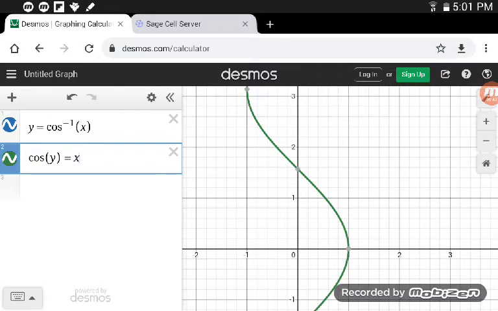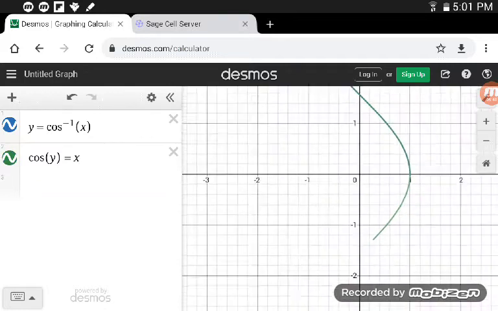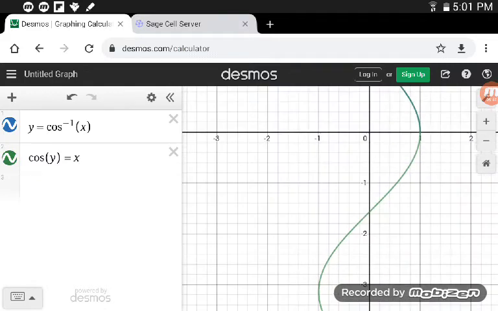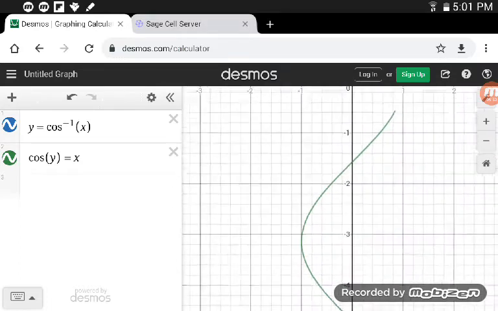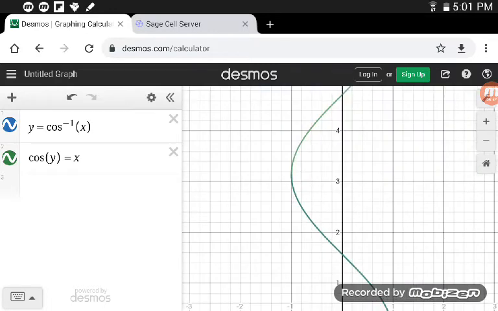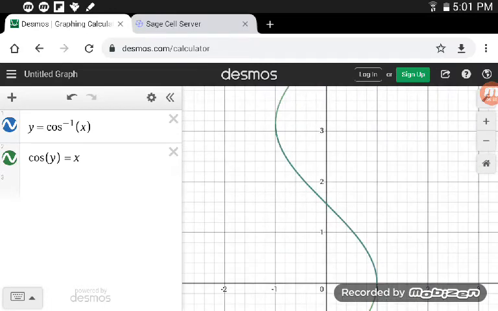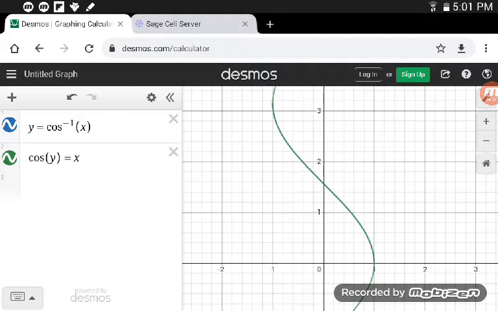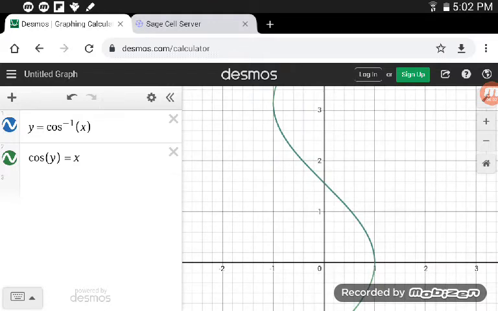Now, the difference is that here, with this implicit function, it kept going, because basically it's saying x is a function of y, and so it does more than the arc cosine function. Which is okay, because this one here is our actual relationship.